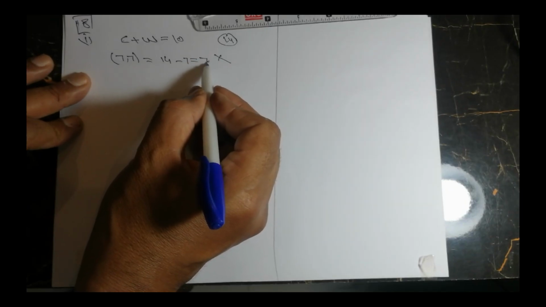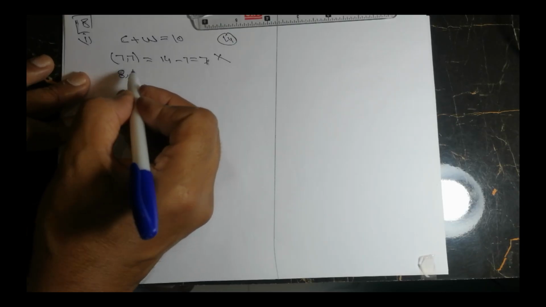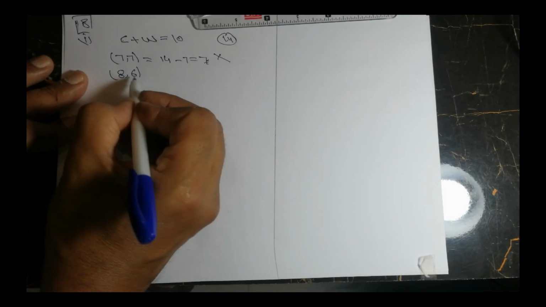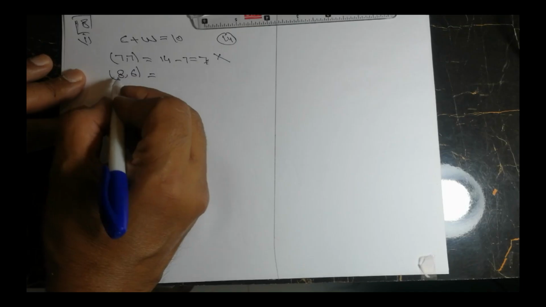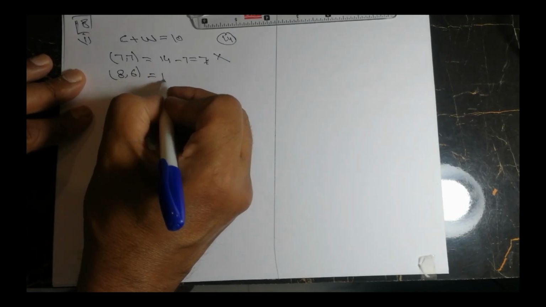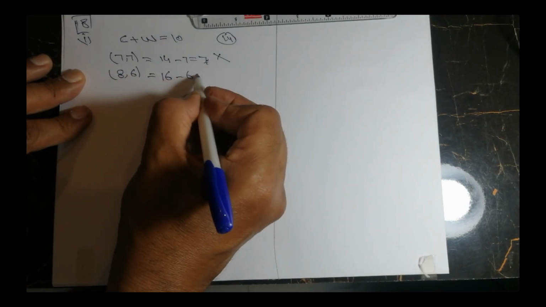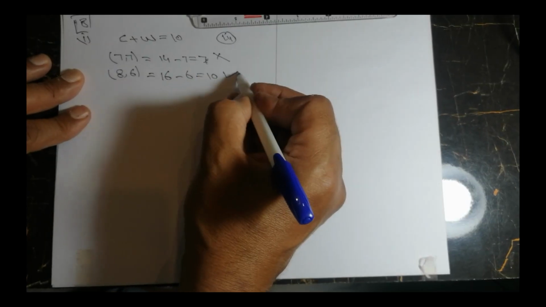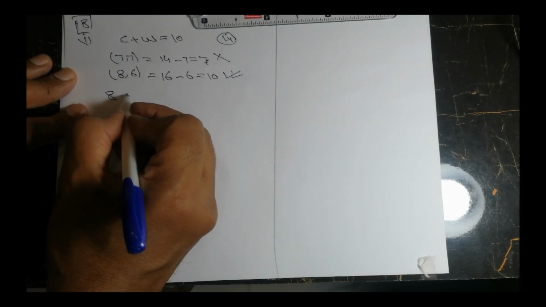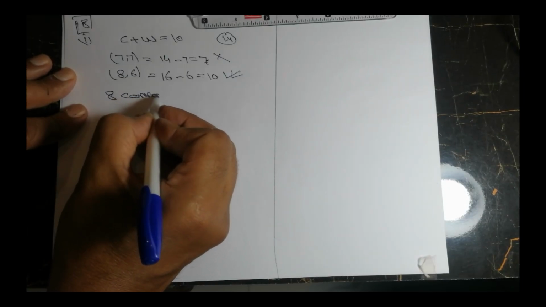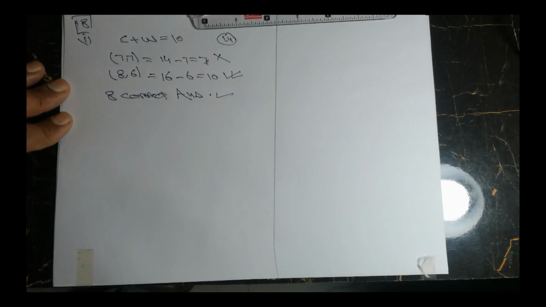So increase the correct ones to 8 and make the wrong ones 6. The sum should be 14 because 14 questions are solved. So 8 into 2 is 16 for correct answers, and for wrong minus 6, that is equal to positive 10, which is the requirement. So there are 8 correct answers. This is the answer for this question.